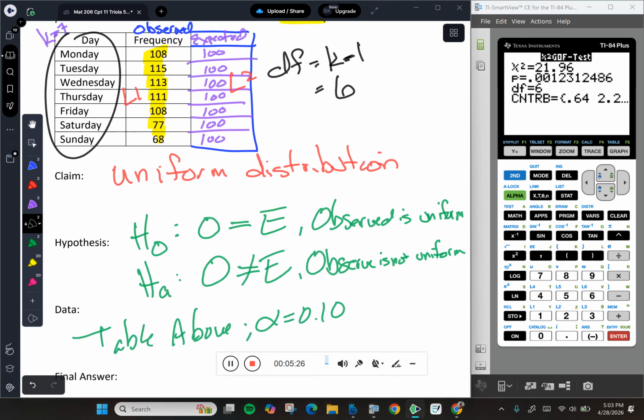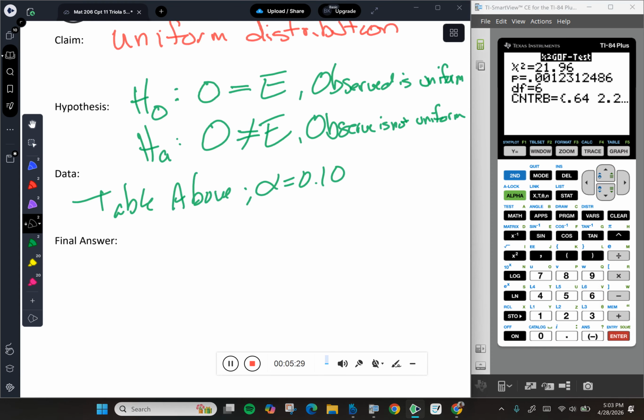My chi-squared test statistic, that's that 21.96 up there, my p-value, that's what I really want, is 0.001. I'm going to compare p to alpha.